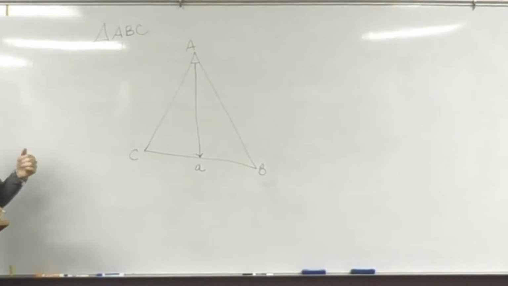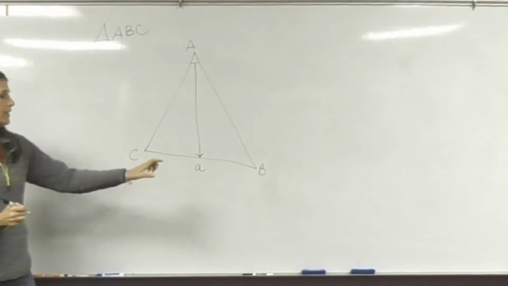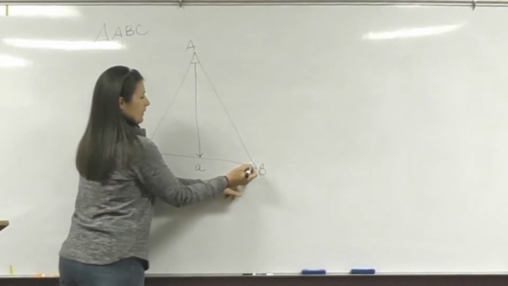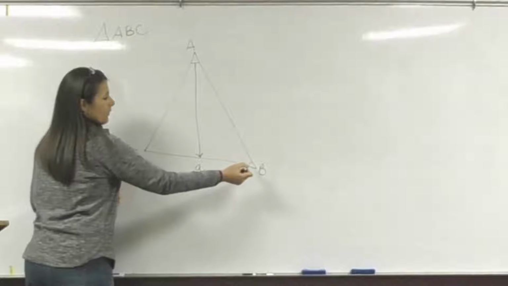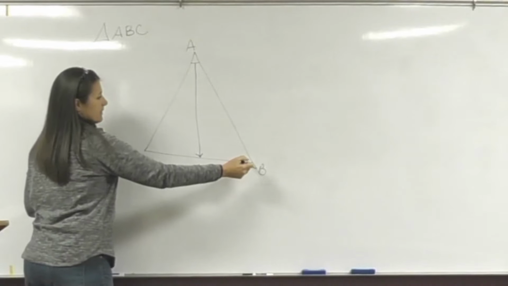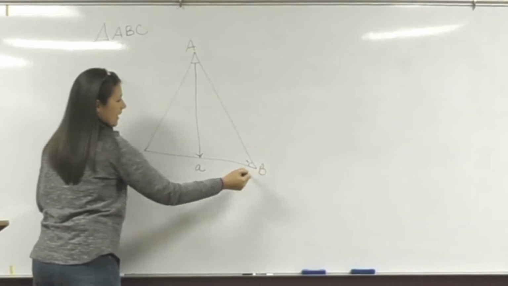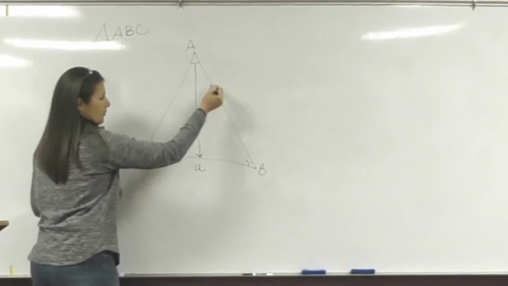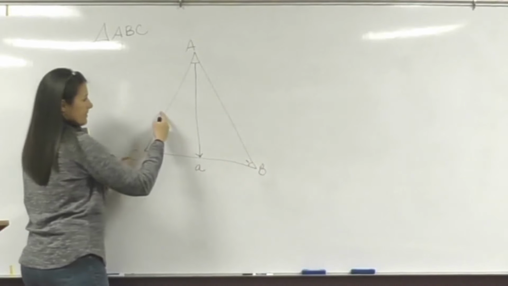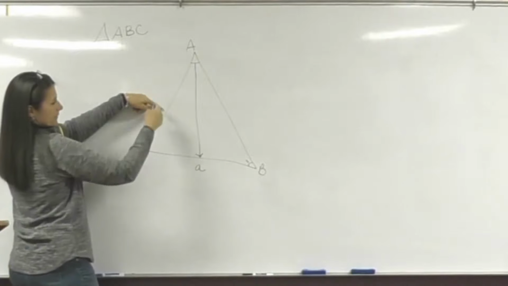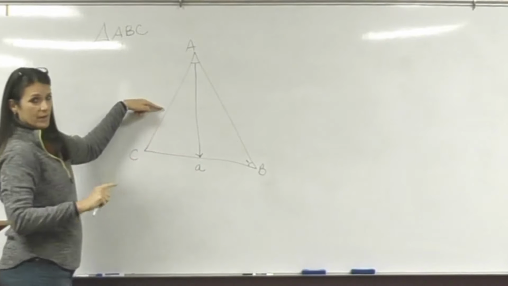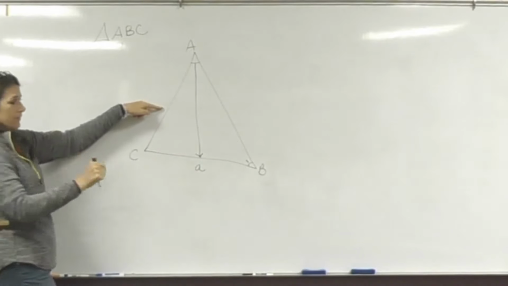Right? So let's do the other two sides. So here's angle B, right down here. So I go across from it. So these are the sides that make up angle B. So the opposite side is AC. He does not make up that angle in any way. Okay?